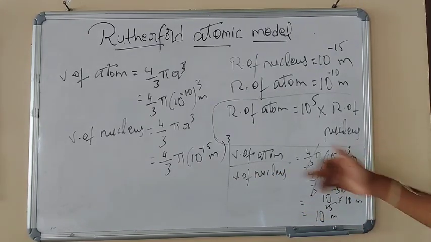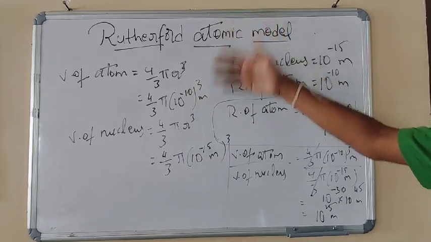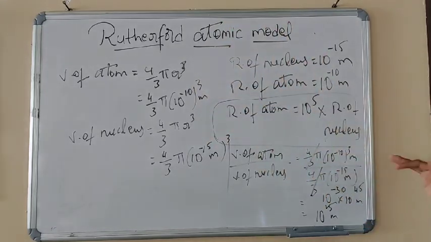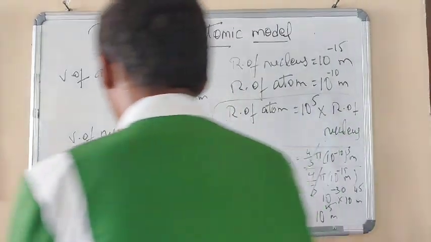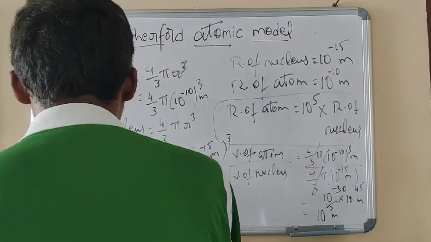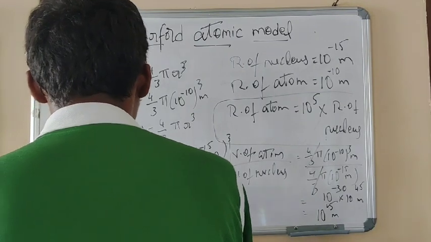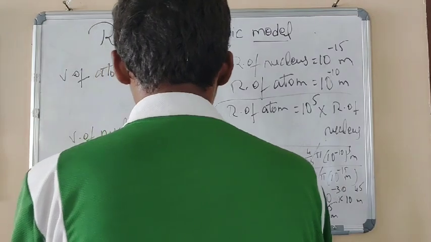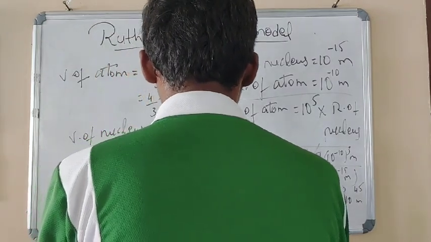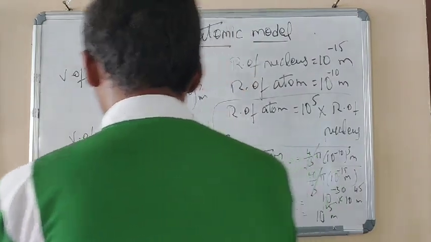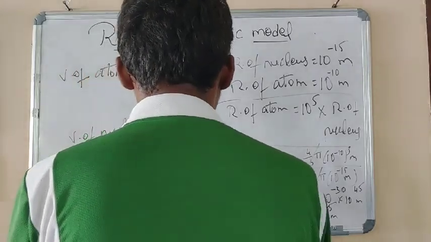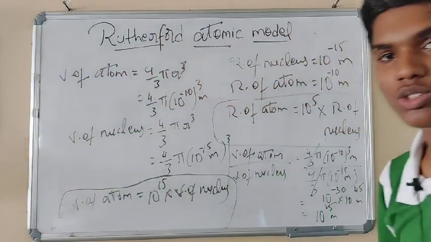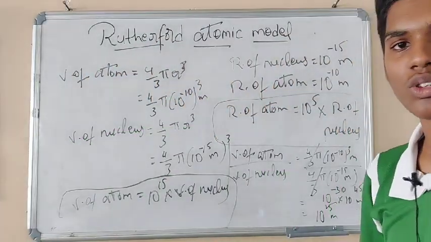When we do the cancellation according to the volume formula, the result will be 10 power 15, which means the volume of atom is equal to 10 power 15 into the volume of nucleus.